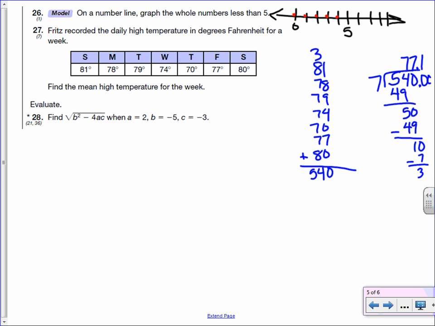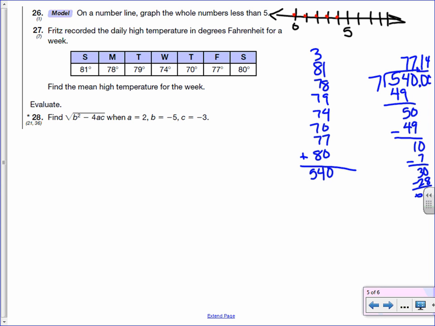Bring down a 0. I'm going to run out of room here. 7, 1, 4. 4 times 7 is 28. And we'll just round it then. Just give me 1 sec.